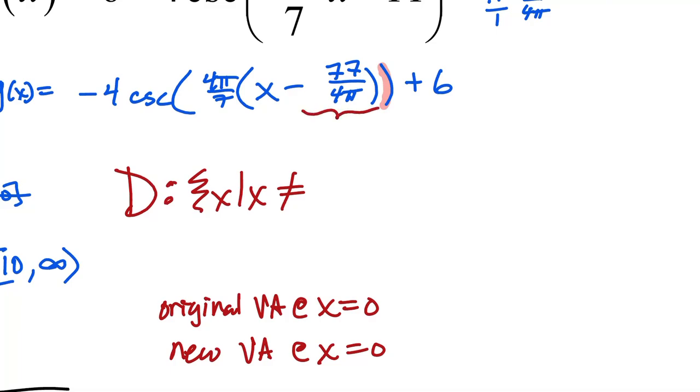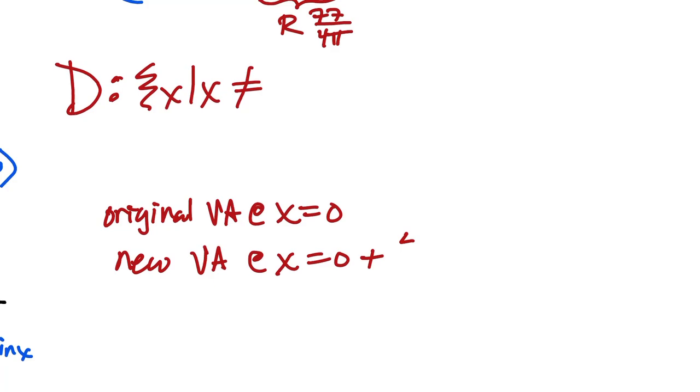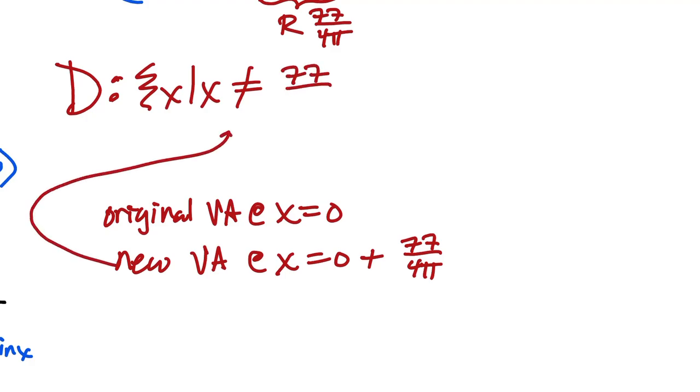We're going to the right or left? Right. So we're going right. This funky number, 77 over 4 pi. So that's my new vertical asymptote. 0 plus 77 over 4 pi. And now I can write that up here, and it's just going to be 77 over 4 pi.